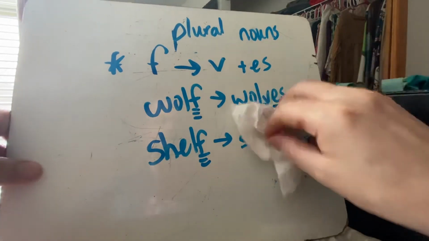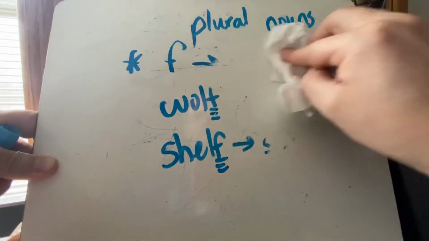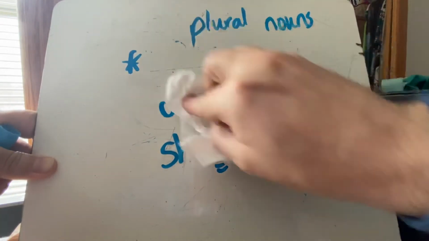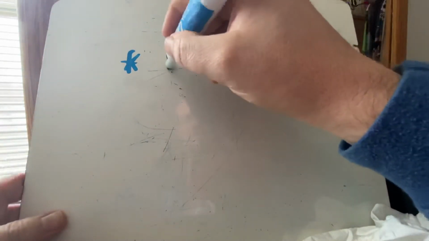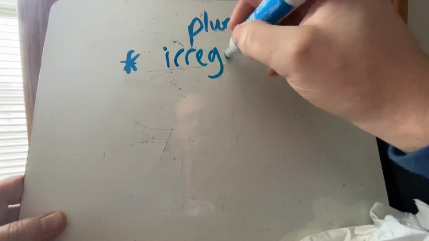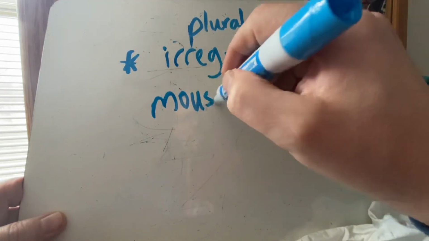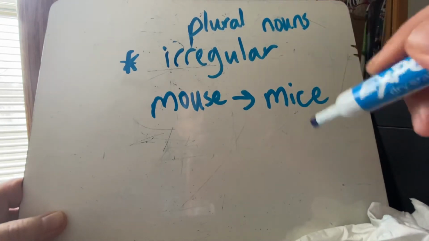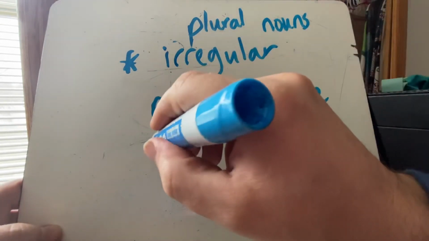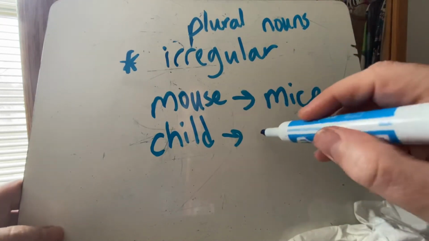And then the last one that we've looked at this year is those irregular plurals, where the word completely changes. Mouse. It's not mouses, it becomes mice. Child. We don't go to childs.